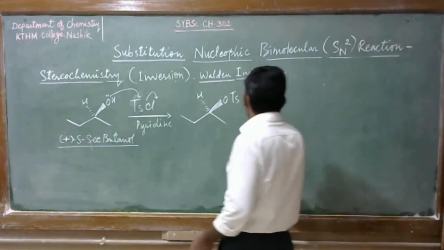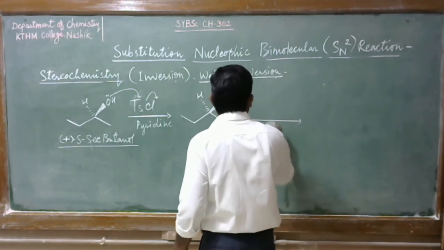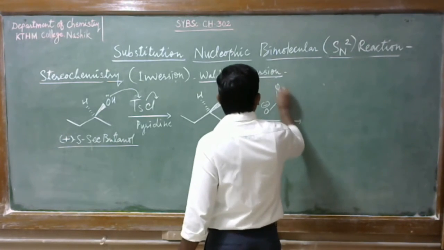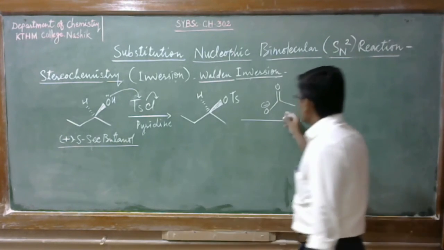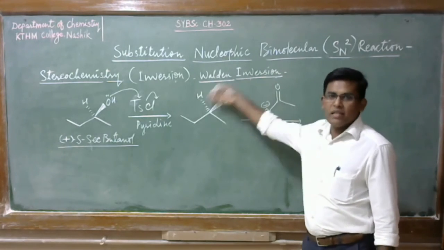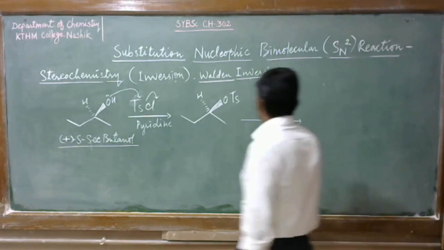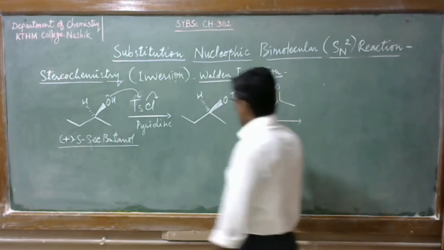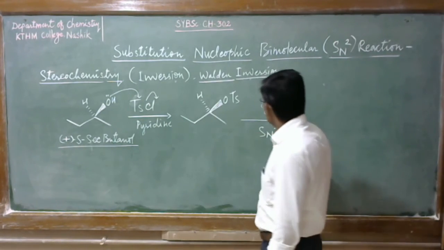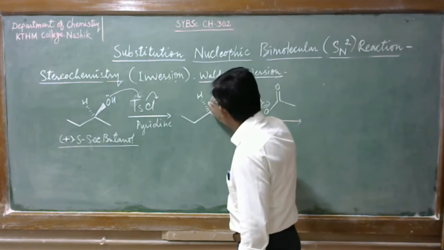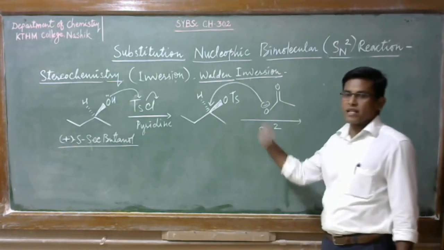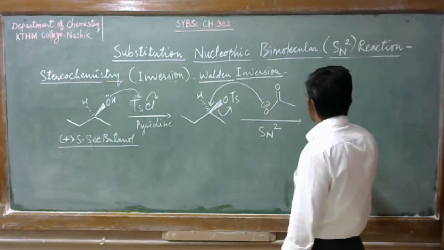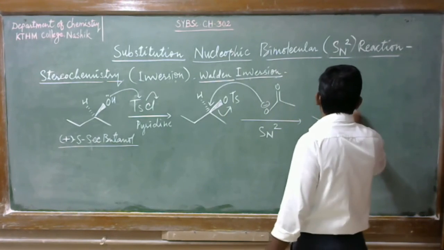In the next step, this acetate will react in SN2 fashion. The SN2 reaction will occur here. This anion will attack from the back side and the tosylate will get departed. So we could have this product.